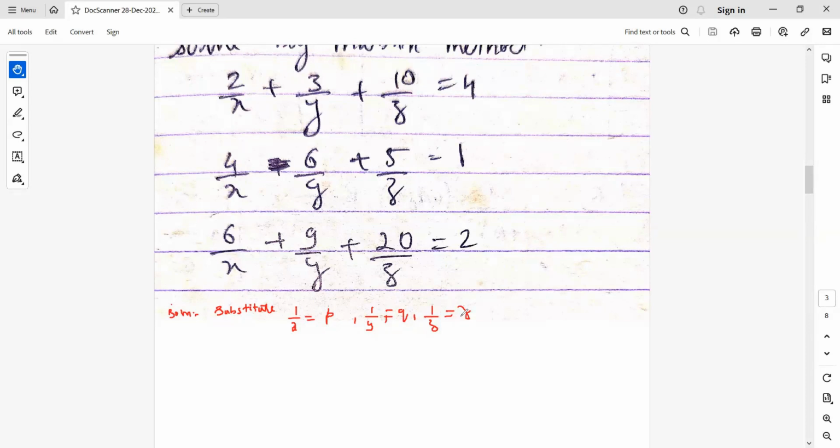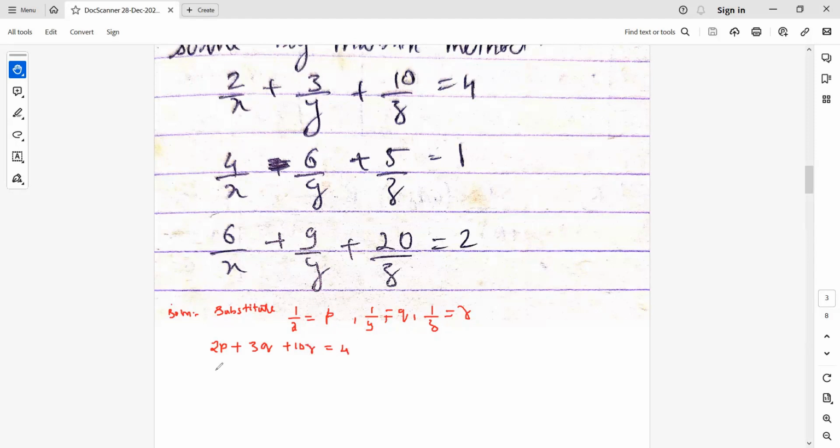So these three substitutions we need to make, and after that these equations will get converted into the form of 2p plus 3q plus 10r is equal to 4.